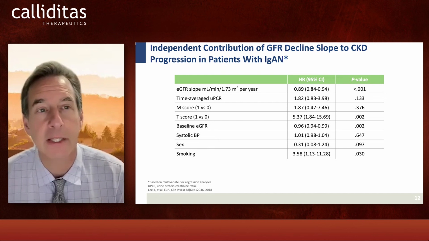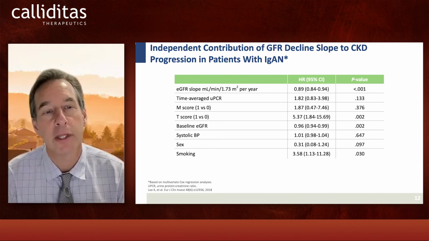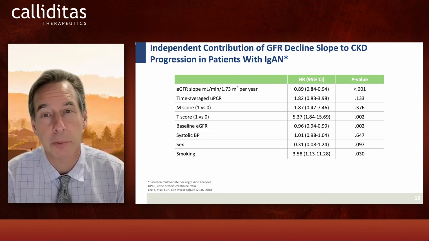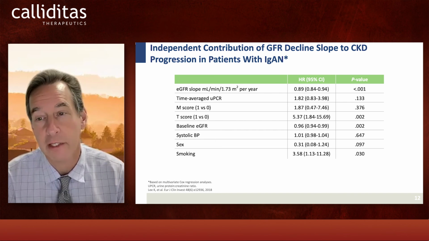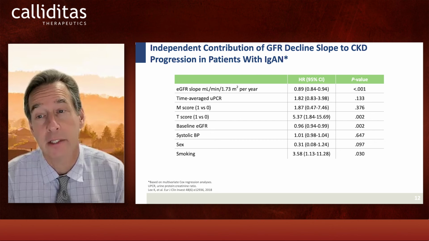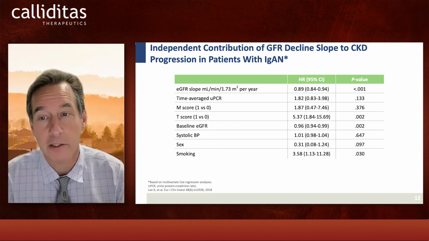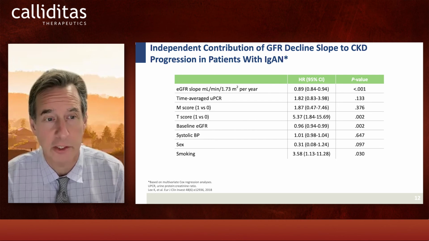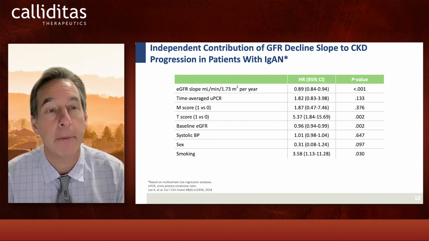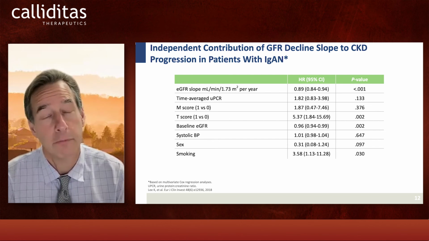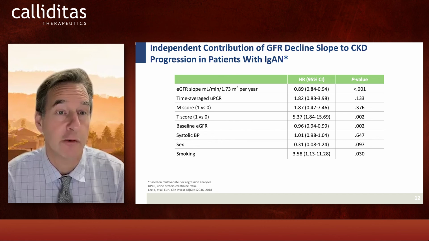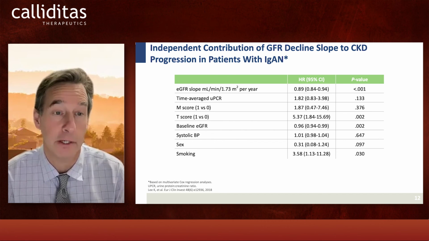Here's one study by Lee and colleagues showing that when you look at a multivariate approach to progression and look at those factors that significantly impacted your progression, some of the pathologic features still were there, such as T-score, the baseline GFR was there, but then the most strong factor was the estimated GFR slope per year.